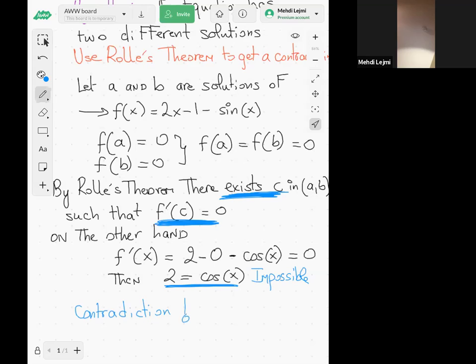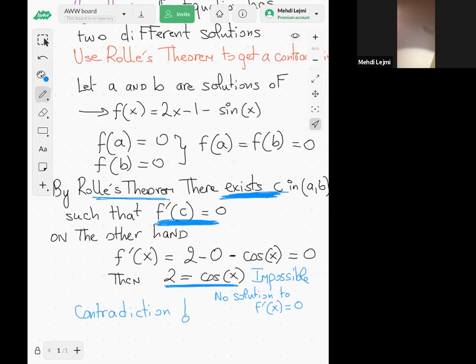And on the other hand, when you try to solve the derivative equal to 0, there's no solution, right? So this is impossible. So no solution to f prime of x equal to 0. But Rolle's theorem says that there's a number c for which the derivative is 0, right?